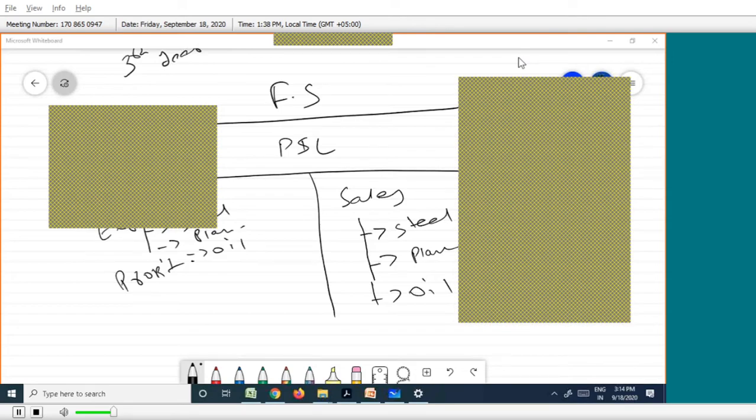Whatever we normally prepare, the balance sheet and all these things, are general purpose financial statements. Holding company, subsidiary: holding company's financial statements are also applicable.